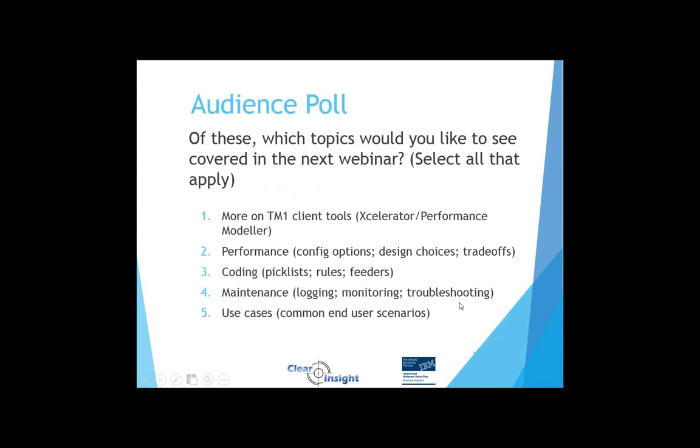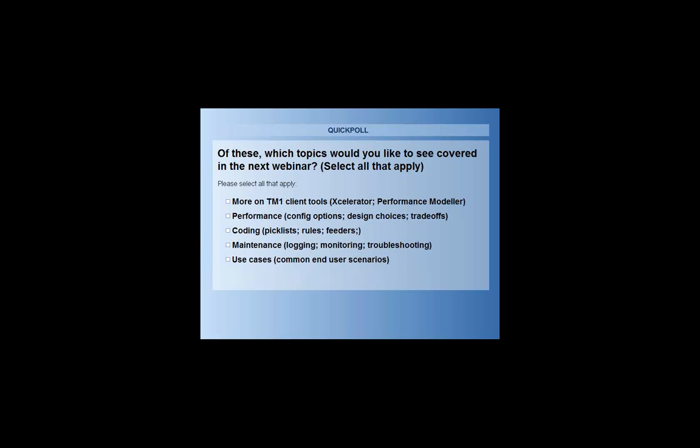Well, actually we had one little poll that I want to ask for everybody who's still online here. And, you know, a lot of you answered other. So, Susan, if you could open up this poll, what were some of the other things that you would like to see? Bob gave us some great overviews on a number of different areas in TM1. And we'll open up this poll, and if you folks could just answer in on what would you like to see on the next webinar. You know, clearly there's some tremendous insight that the team here could offer you, and so what areas are you looking for more help on, and we can address that in the next webinar.